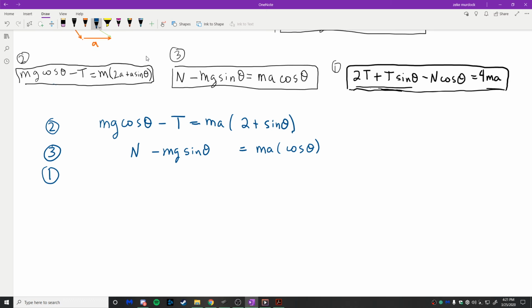I'm going to factor the t out of here. This one is t times 2 plus sine theta minus. Those are our equations.